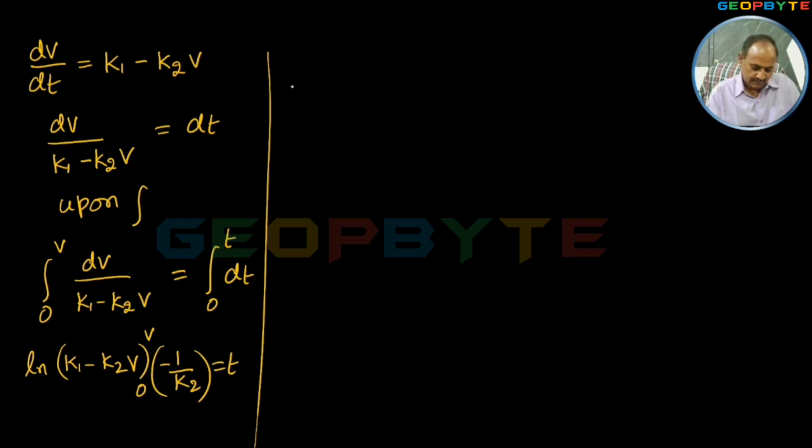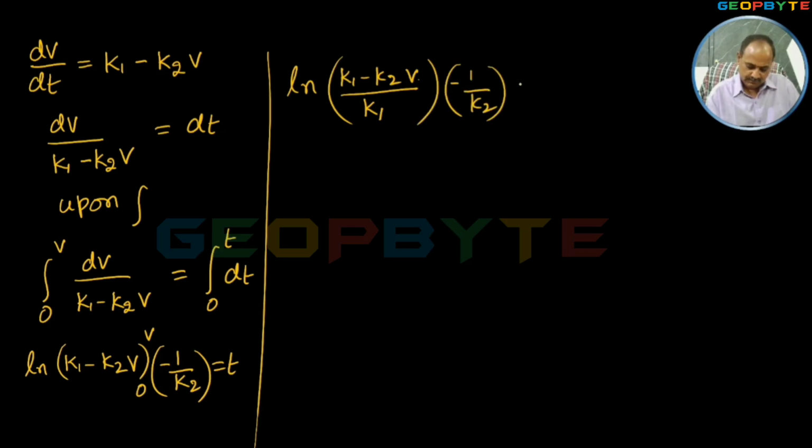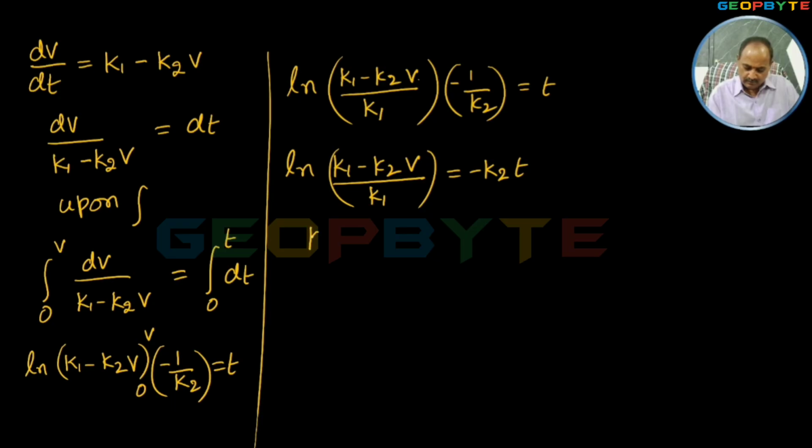That can also be written as ln (k1 minus k2 v) divided by k1, into minus 1 by k2, is equal to t, or ln (k1 minus k2 v) by k1 is equal to minus k2 into t, or (k1 minus k2 v) by k1 is equal to e power minus k2 t.